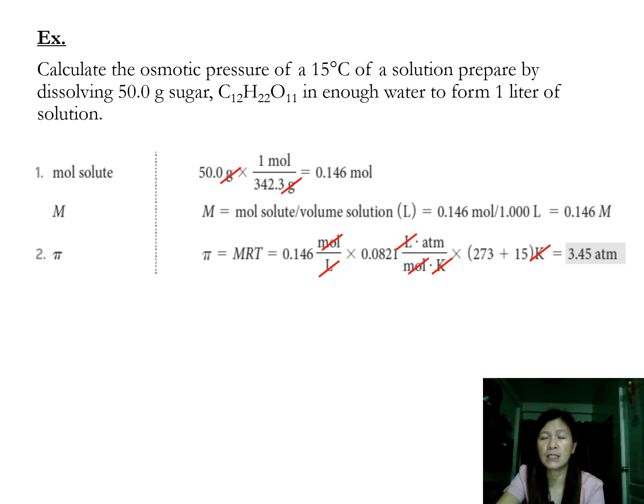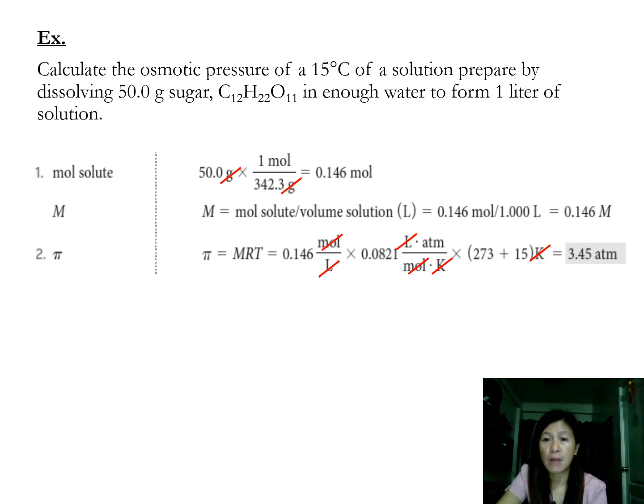The temperature is given at degrees Celsius. We cannot substitute degrees Celsius in an equation. We have to convert that to Kelvin. And in doing so, we add constant 273 to 15 to give us 278 Kelvin. We cancel similar units between numerator and denominator. So we have mole, liter, and Kelvin.